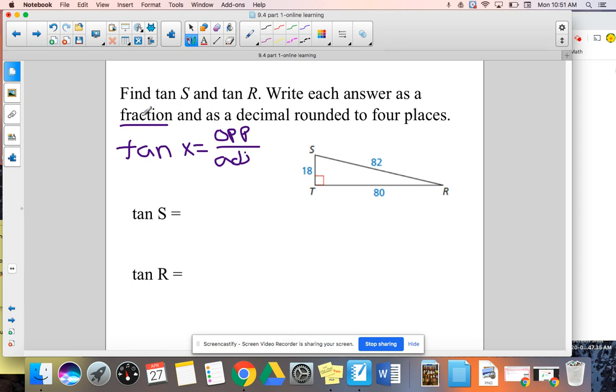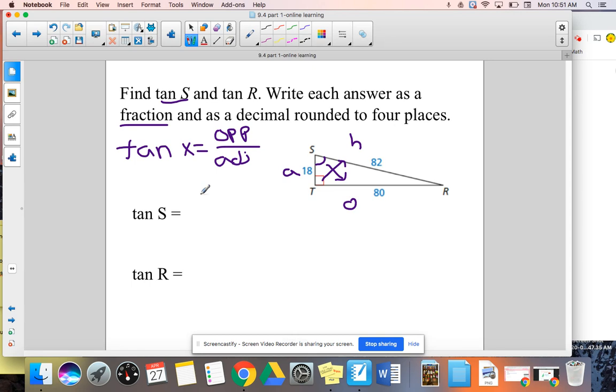Okay, so if I want to find the tangent of S, I'm going to look at my angle S. I'm going to label this as O for opposite, H for hypotenuse, and A for adjacent. So those are my three sides. If I want to use my formula here, tangent of the angle that we're talking about, so that's what the X stands for, that's why I'm looking at S, it is opposite over adjacent.